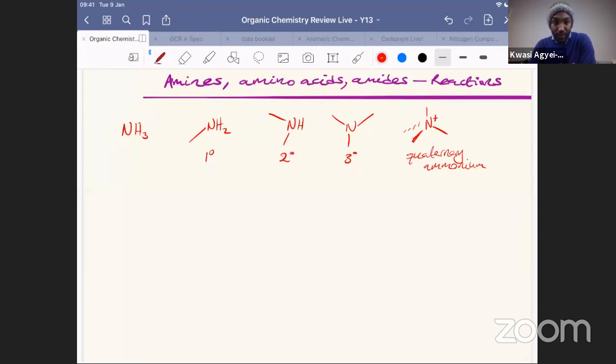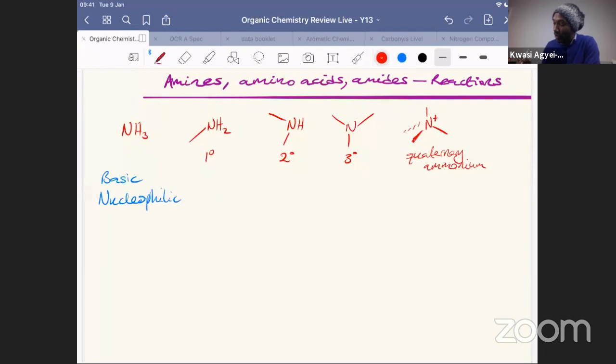So they will behave as bases, and they will behave as nucleophiles as well. So a few things to note about these species: they are basic, and they'll be nucleophilic, because the nitrogen of your ammonia or your amines has a pair of electrons, a lone pair that they can donate. So they are electron pair donors.